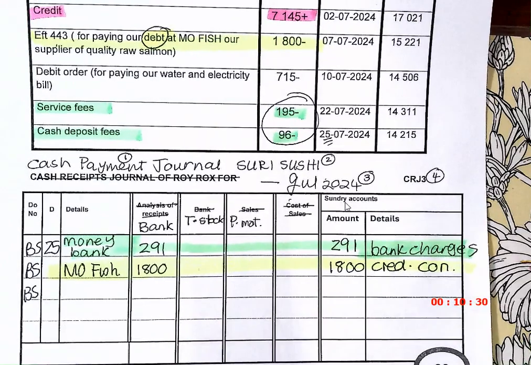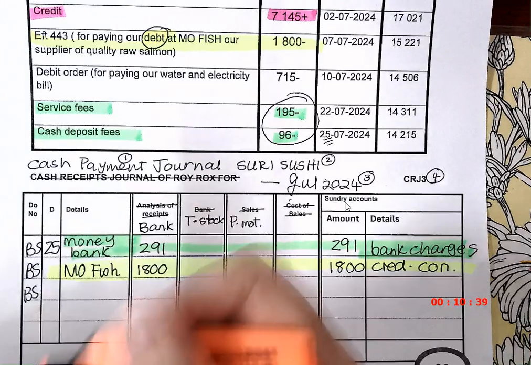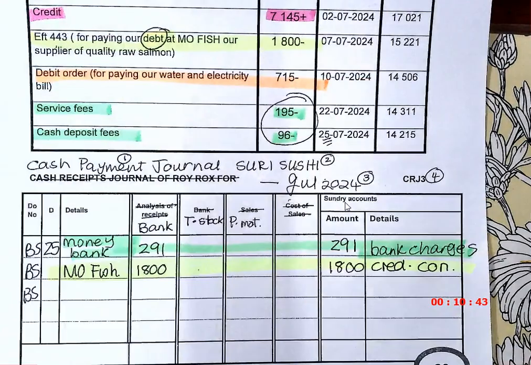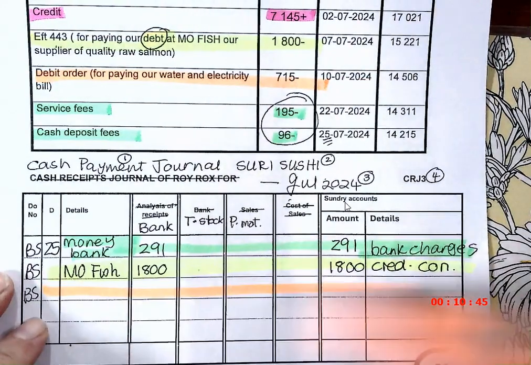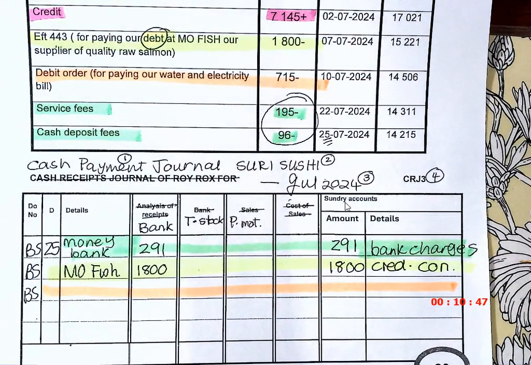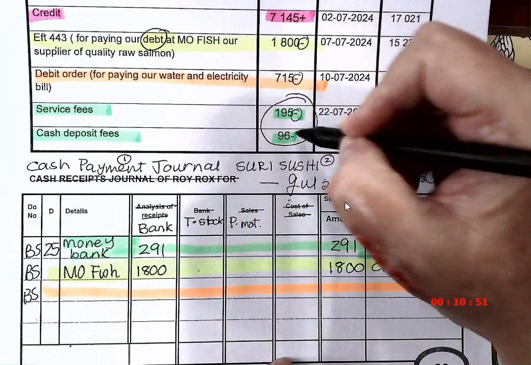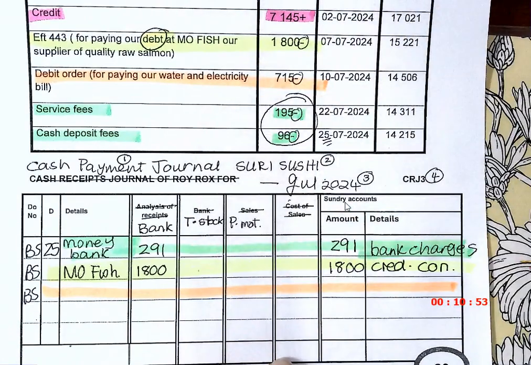Okay. Everybody with me so far? Now I see I still need this debit order, this one. Can you see? Every single transaction has got a sign. Can you see they are all minuses?